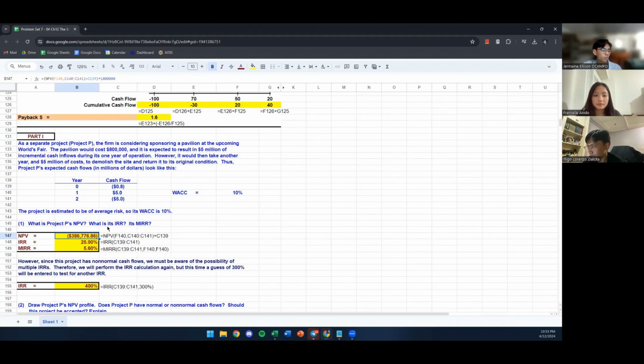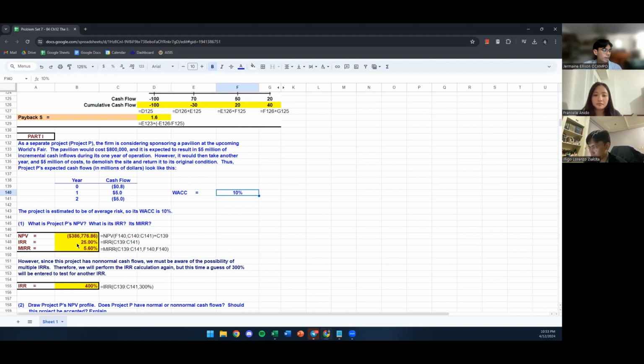In order to do this, we use the WACC of 10% as the discount rate, and the years 1 and 2 as the years where we compute the net present value, and then added the present value of year zero at negative 0.8 in millions of dollars, which gives us an NPV of 386,776.86. So that's the value in thousands of pesos, or 0.3 in millions of dollars.